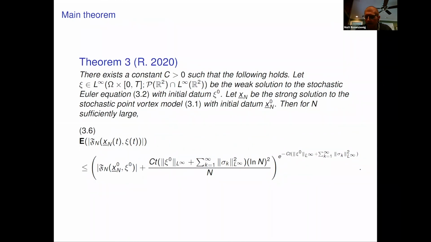So this leads to the last theorem that I'm going to present, which is that we have a solution to the stochastic Euler equation, satisfying conditions that are very similar to before. So it's almost surely a measure with an L infinity density. And we look at the unique strong solution to the stochastic point vortex model, then for all n sufficiently large, we have a bound on the expectation of the magnitude of the modulated energy in terms of this right-hand side given over here.